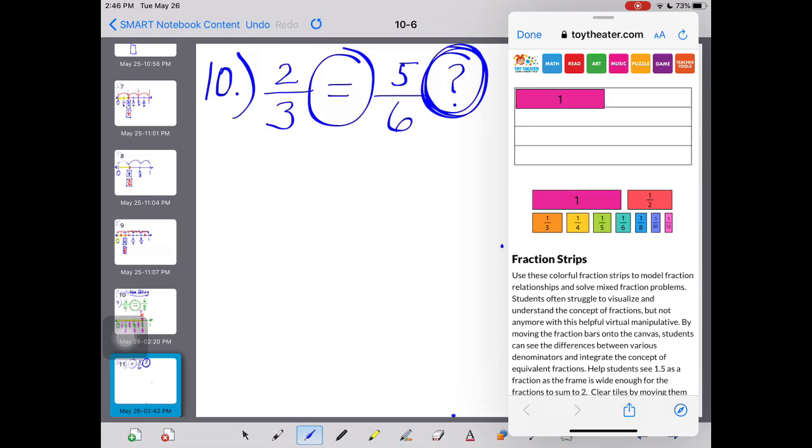Okay, so I'm going to pull the 1 up here. That represents the entire tube. Okay, remember there's 2 of them, but they're of equal length. And now we're going to take a look at 2/3. So we're going to drag a third and another third. So that represents Sophie, 2/3, right? And now let's look at 6ths for the other dude.